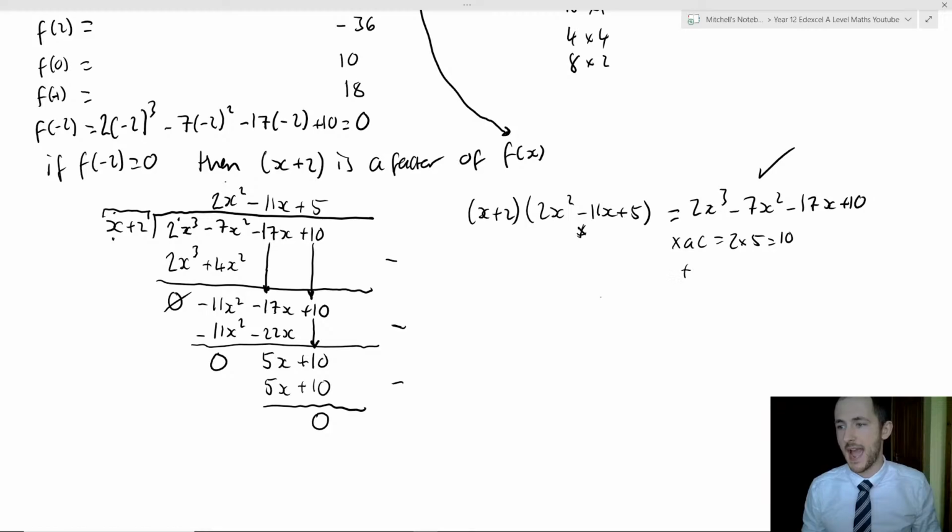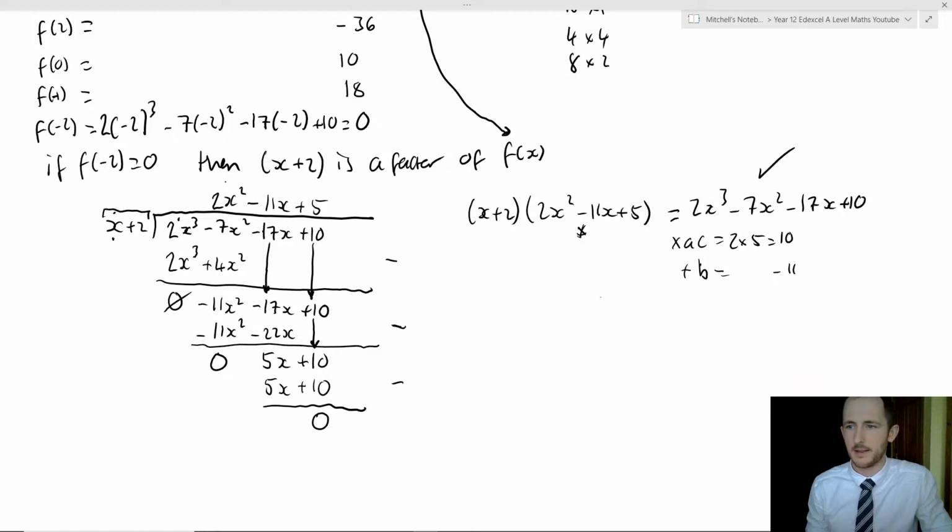And they must add to B, which in this case is minus 11. Okay? So you can just go through and work those out, or you can just use your deductive skills to work out what you need to do there. Okay? So is anyone unsure of that?